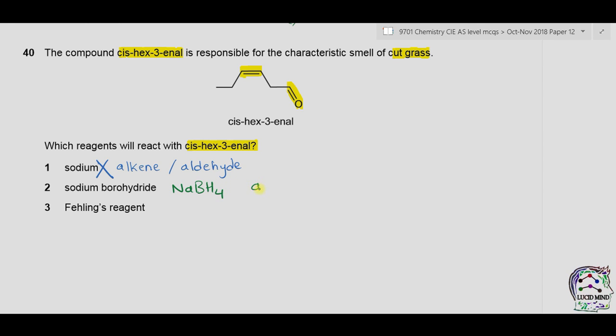Second is sodium borohydride, which is NaBH4, and it is a reducing agent. It can reduce aldehyde back to primary alcohol. So this compound will be reduced to CH3, CH2, CH double bond CH, then we have CH2, then this carbon, CH2OH.